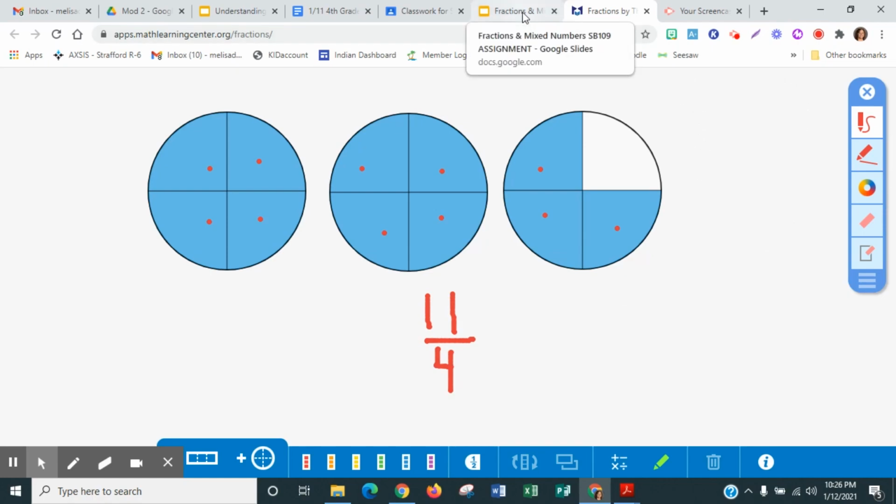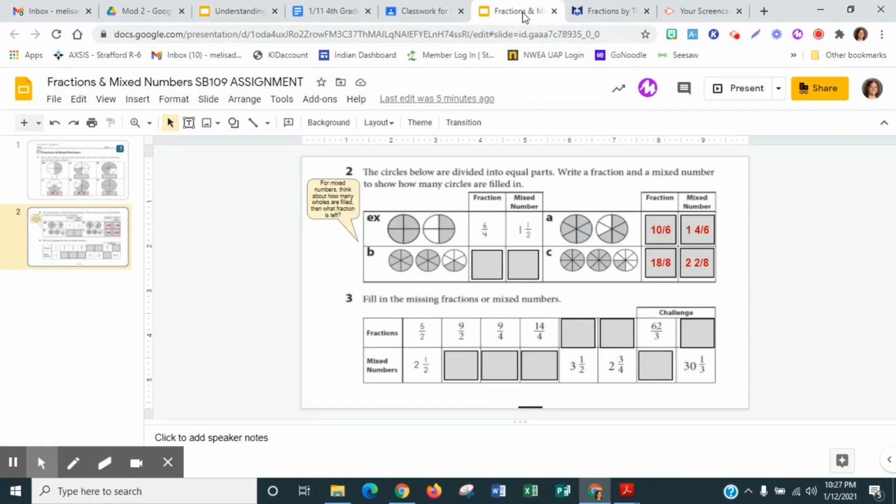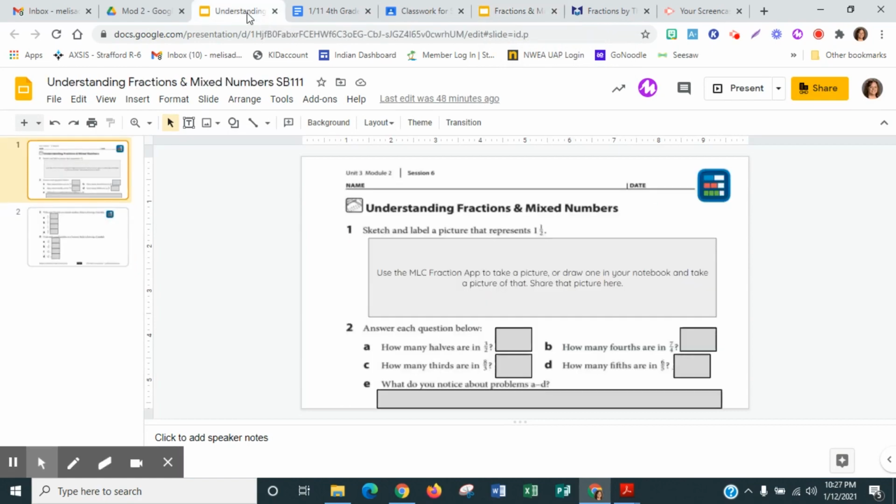Awesome. All right. So then today's assignment, you are working out the same types of things. It says understanding fractions and mixed numbers. Sketch and label a picture that represents 1 1/2. Your options include to actually sketch a picture and take a picture of it and put that picture here.